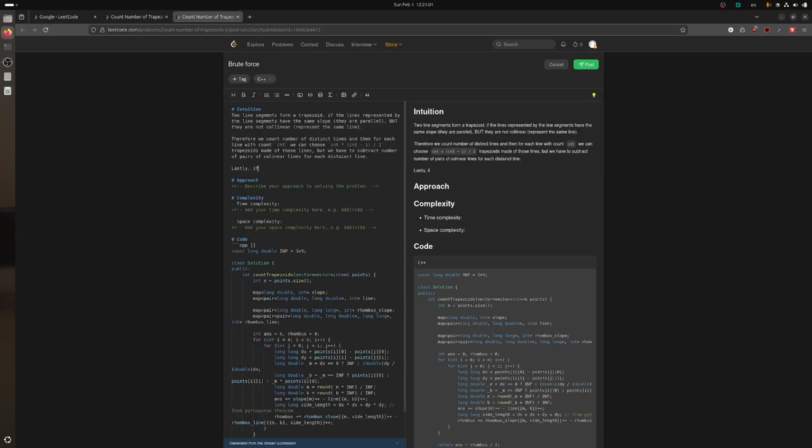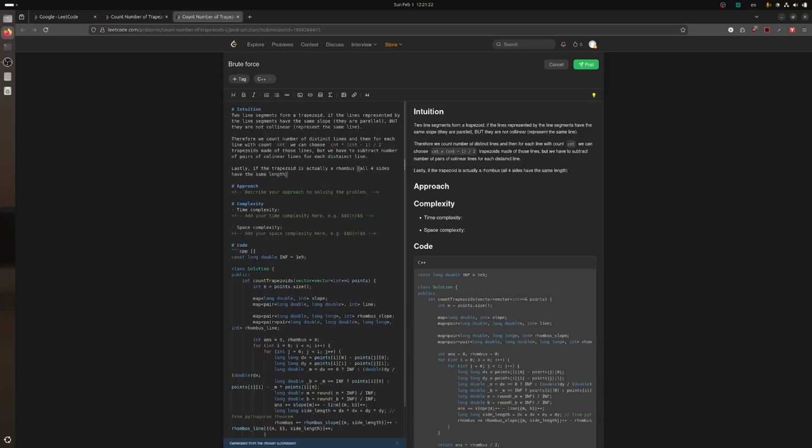Lastly, if the trapezoid is actually a rhombus, all four sides have the same length.